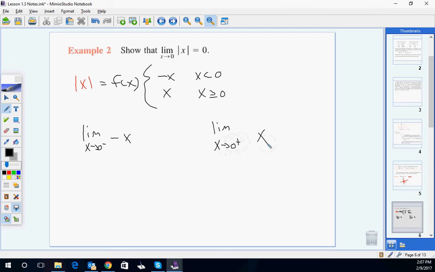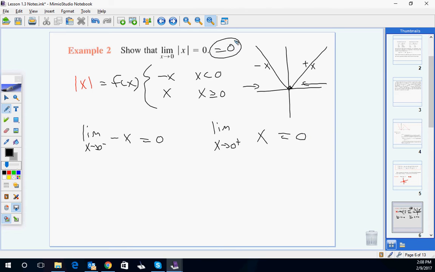Don't forget, this is a v. So coming from the right, this is my positive x. Coming from the left, that's my negative x. Just looking at your graph, what do they both approach as they get to 0? They both approach 0. So they both get 0, therefore this limit does exist. So your answer is 0 for the whole question.